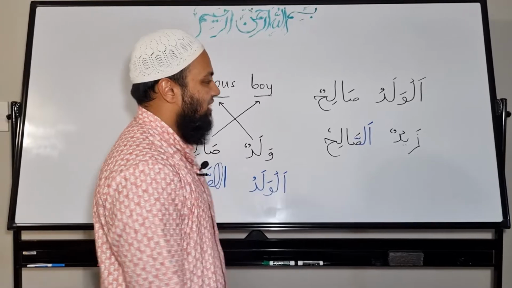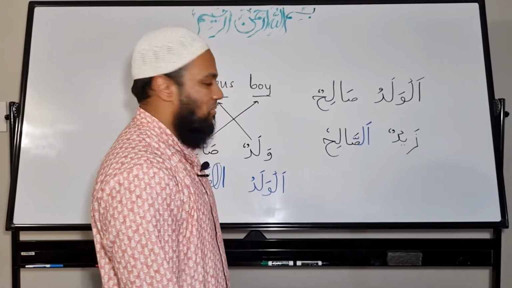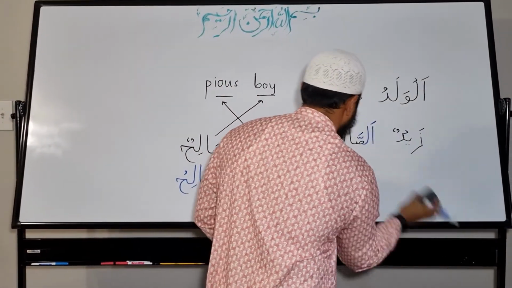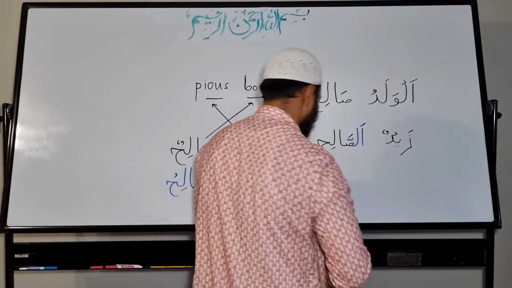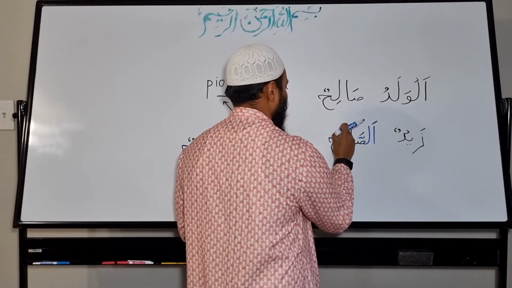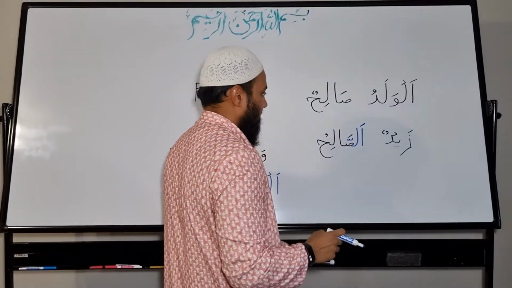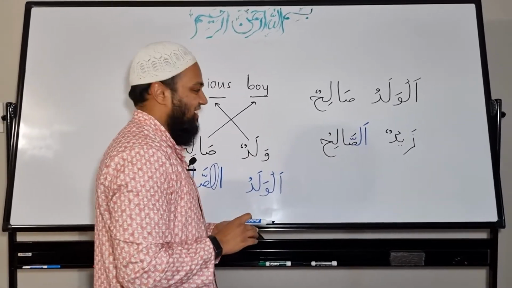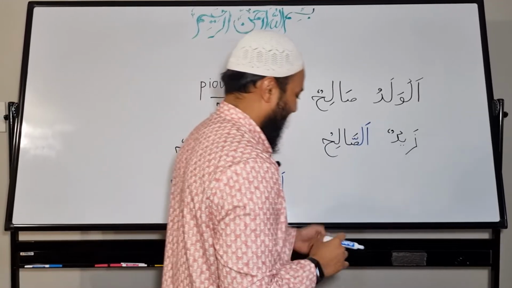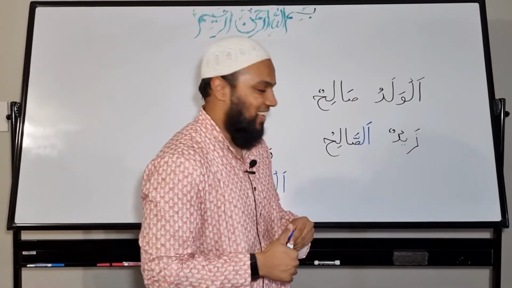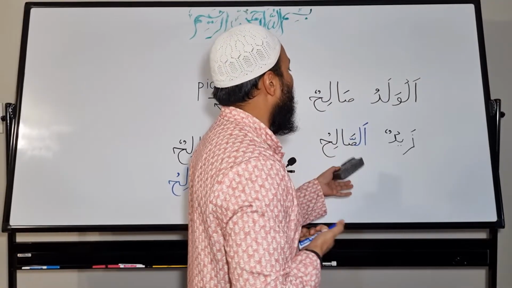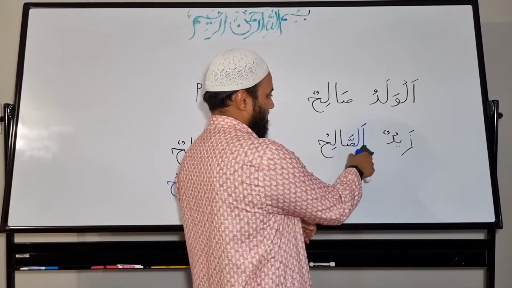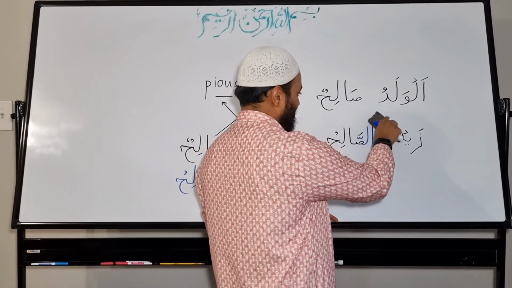Now we have a problem, right? So what's the problem? The problem is, how do we read this? Whenever there is a problem, there is a solution, right? The problem is this alif lam that we just added. We know that the hamza is not read, so it remains there.